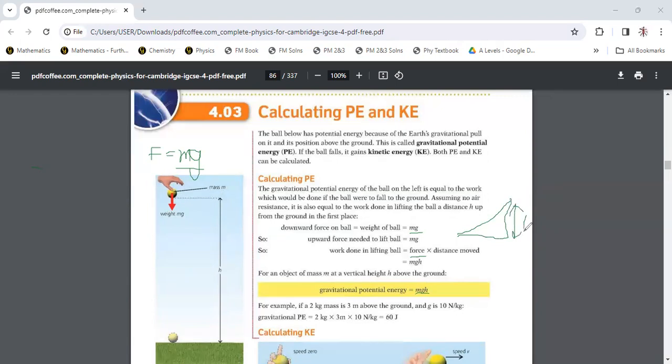Let's say I have a slope, which is 5 meters long. Let's say I have a cube at the bottom. So this cube is 1 Newton. Let's say no other energy is involved in this equation. If I move this cube to the top here, what is my gravitational potential energy?